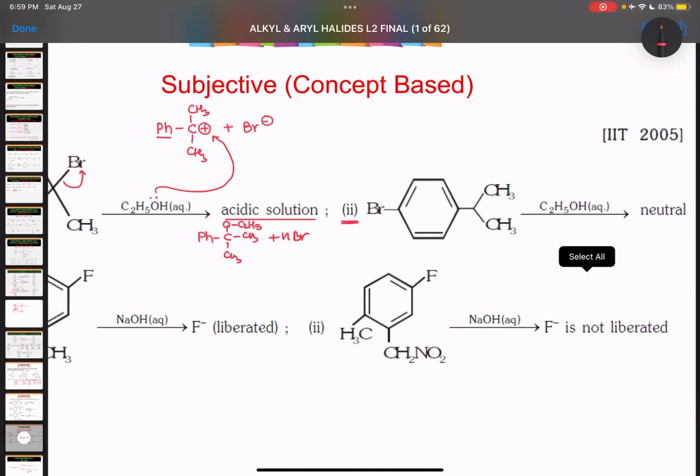We took the same reaction conditions here, but the reaction has not turned acidic. It remained neutral only. Why? Here the Br has not been able to get out of the structure.